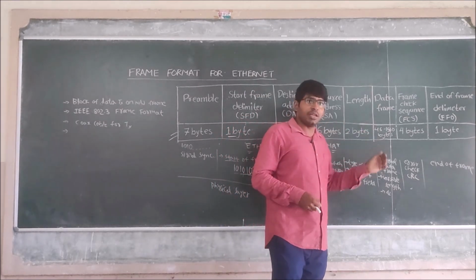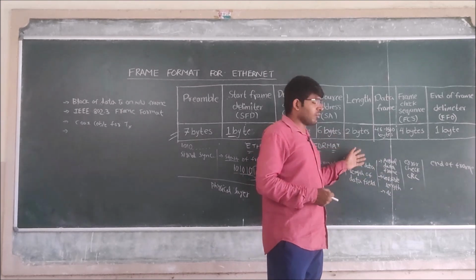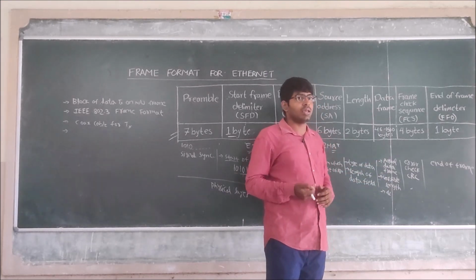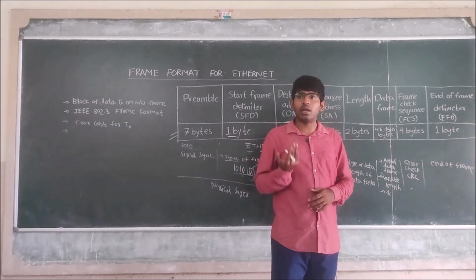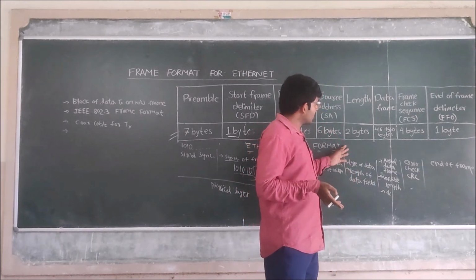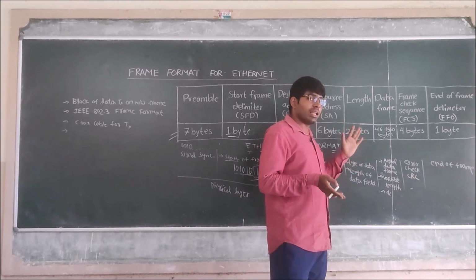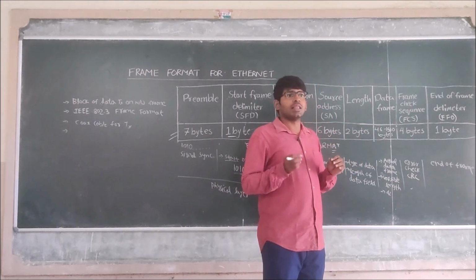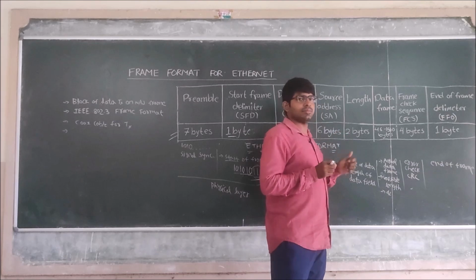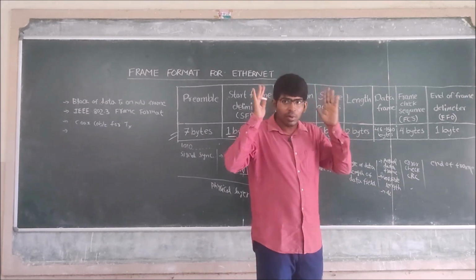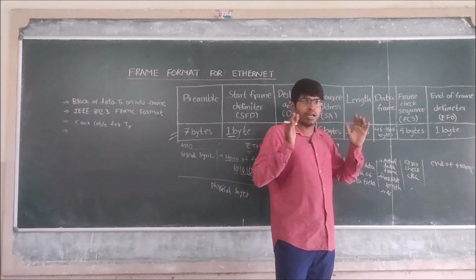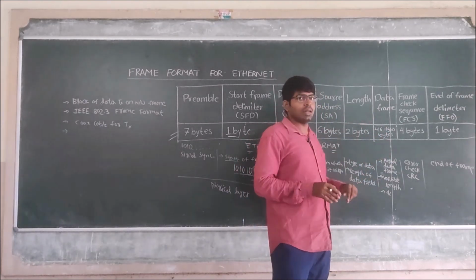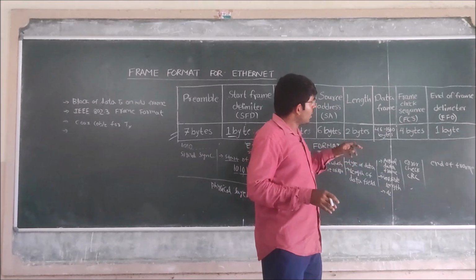And then the length of the data. This says what type of data you are sending, whether a document or image or video or audio, and what the length of the data is. That length you can indicate here, meaning each frame's length.